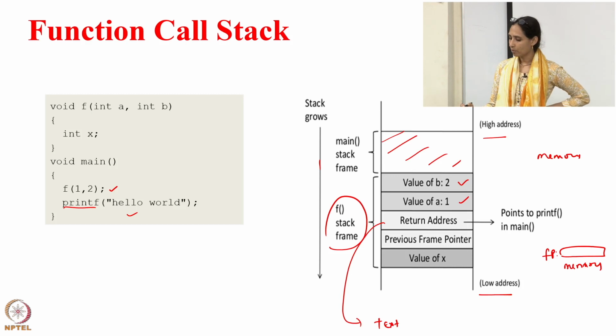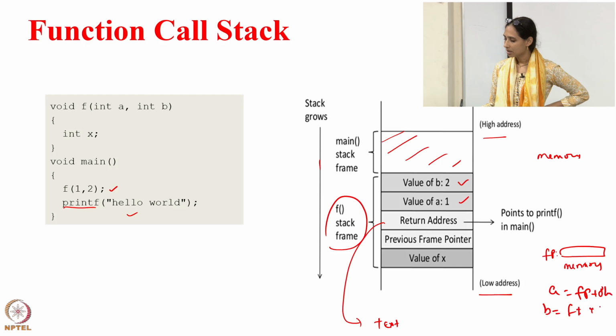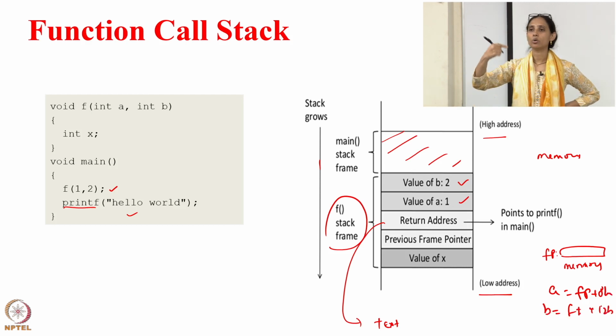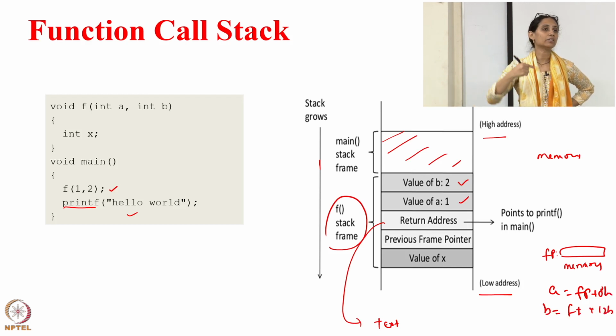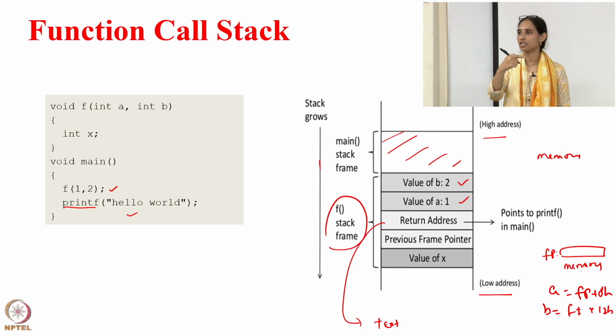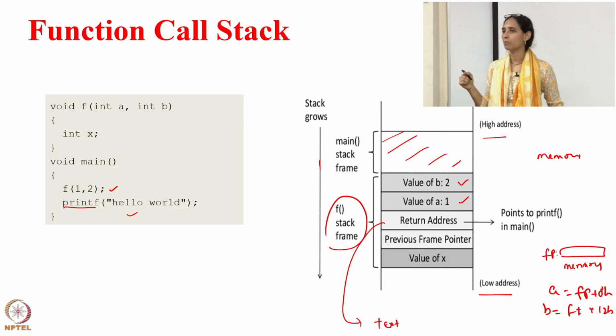Once it knows the frame pointer, it knows that a is at frame pointer plus 8 bytes, and b is at frame pointer plus 12 bytes. To access the arguments, it needs to know the absolute memory location, and the others are relative to that. So that is the purpose of the frame pointer.